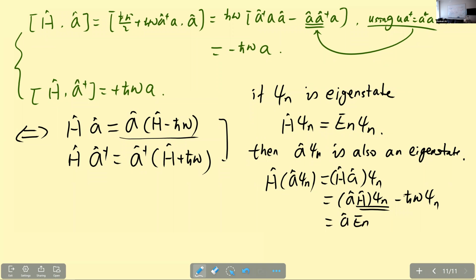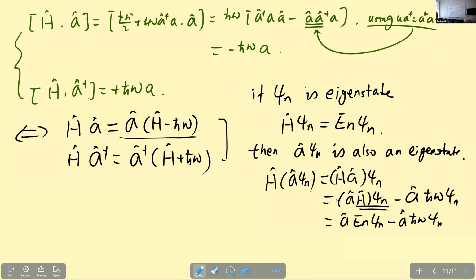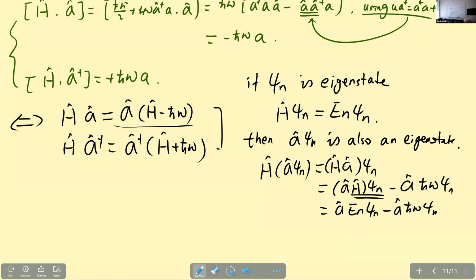So that equals, so this A right here. Okay. Right. So then you combine the two terms.